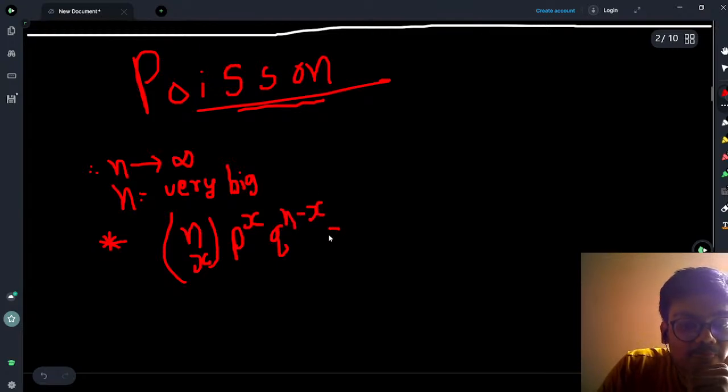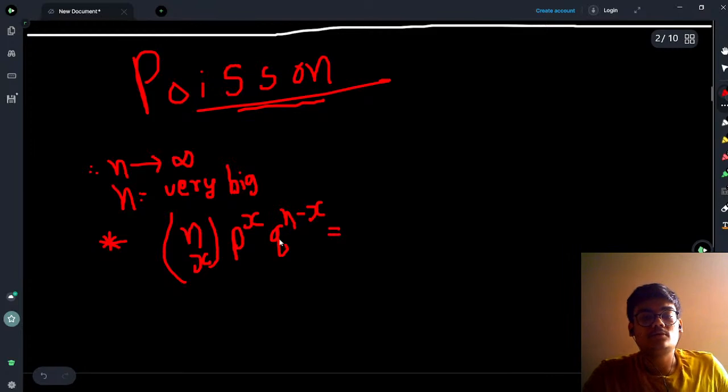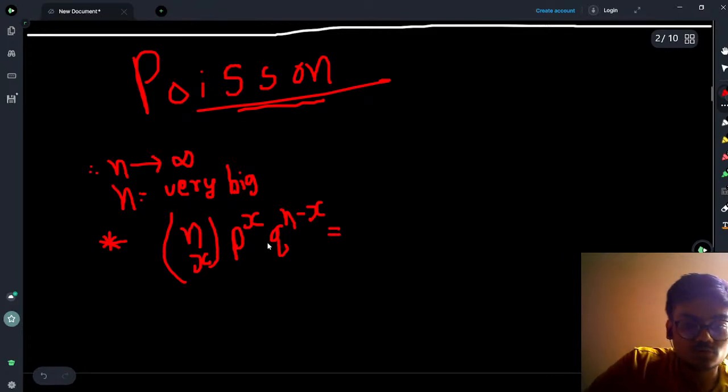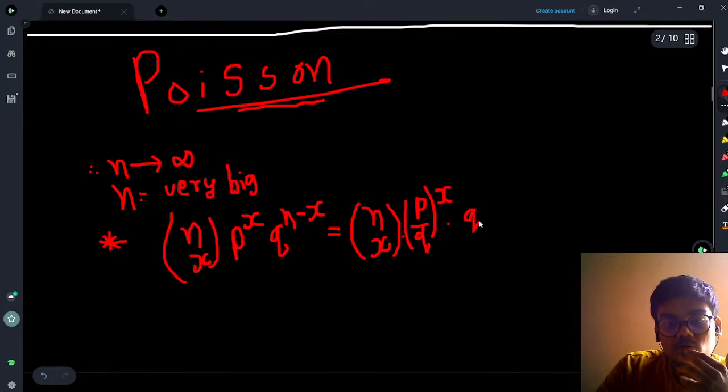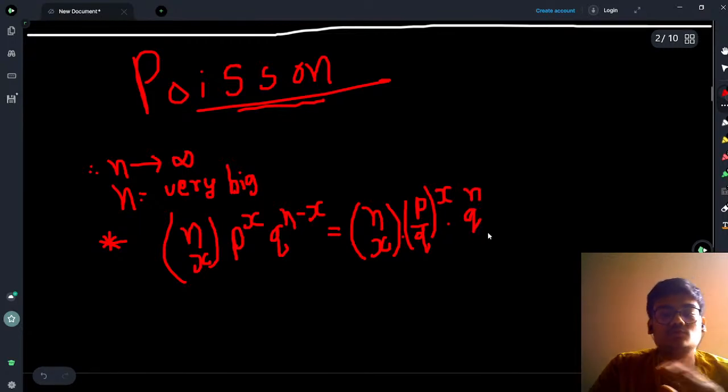Now we know that we can write q raised to n minus x as q raised to n upon q raised to x, and p raised to x upon q raised to x we can merge. So what does it become? It becomes ncx (p upon q) raised to x into q raised to n.